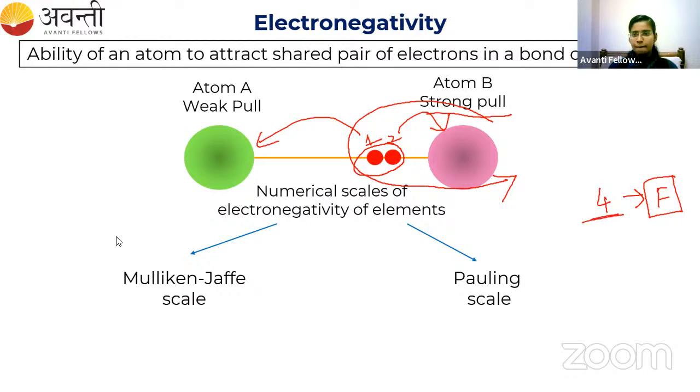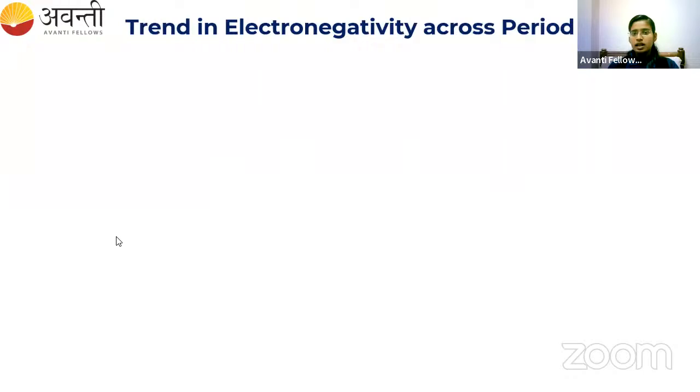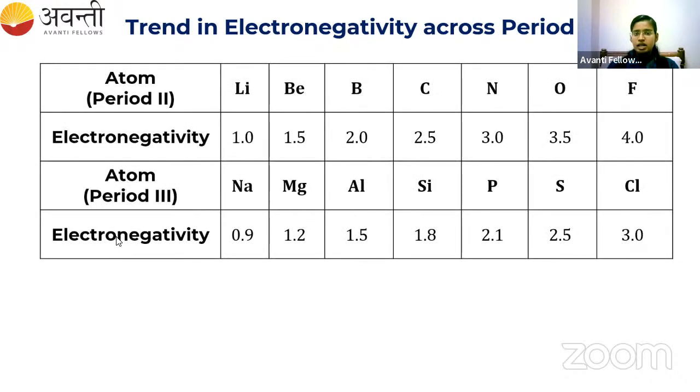Clear? Yeah. Fluorine is the most electronegative element. Now we will see the trend in electronegativity across the period. So we have, let me take two periods. Period 2 and period 3.